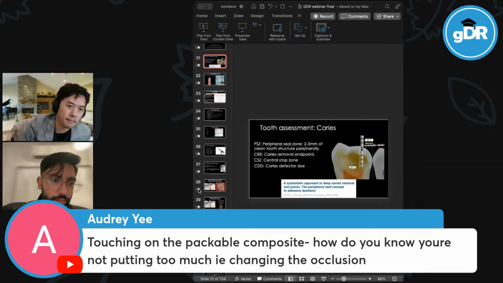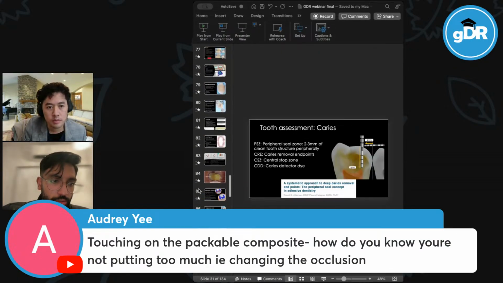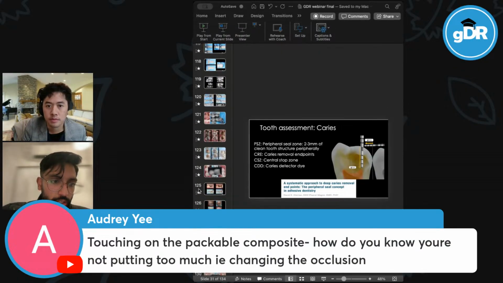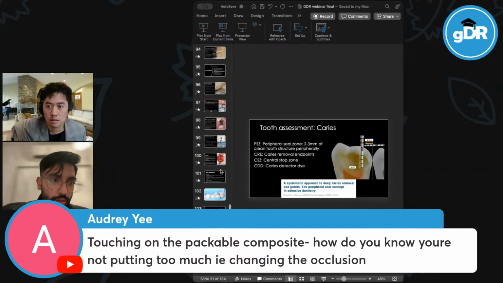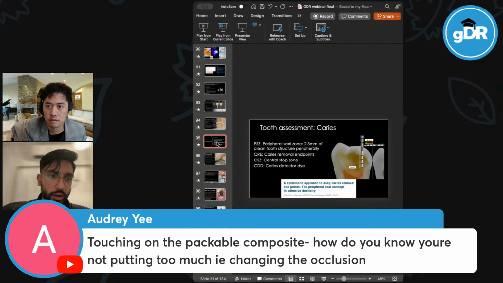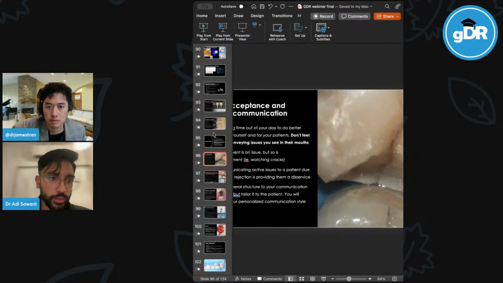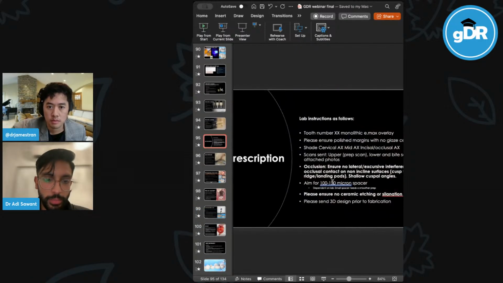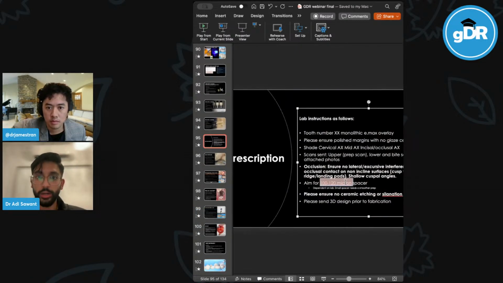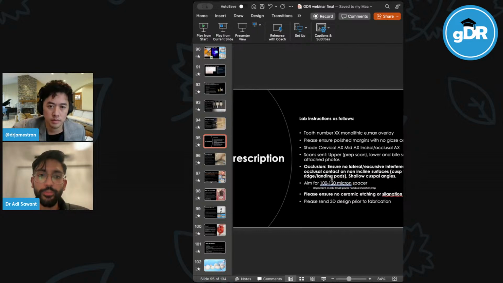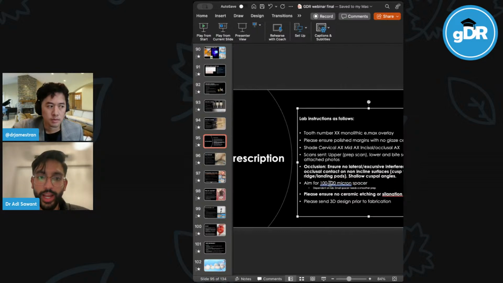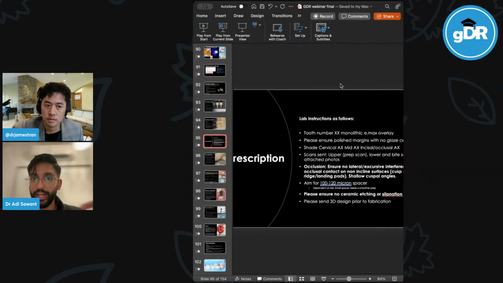All right, let's go back to that lab prescription. Again, I don't send for single or like quadrants and stuff. I mostly use the CEREC, but use the lab. You can see we've got a bit of a bigger spacer, especially like I said, for heated packable, right? So with heated packable composites, that bigger spacer will fit that heated packable.